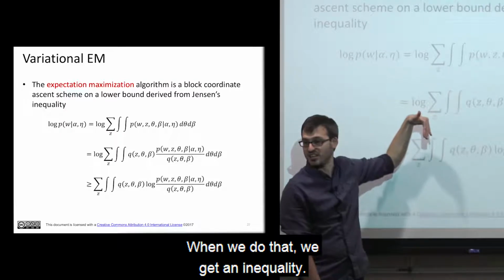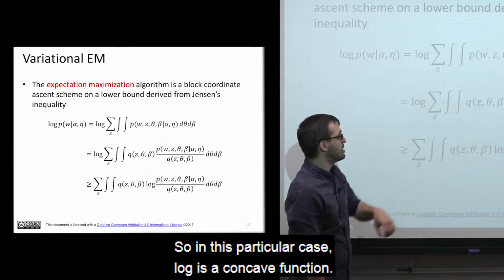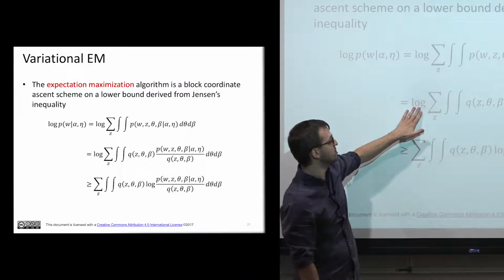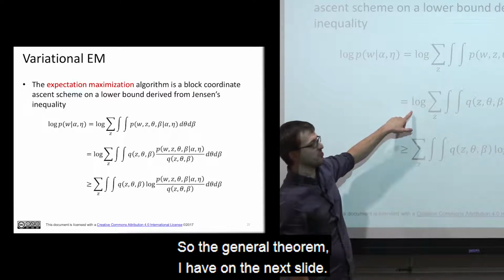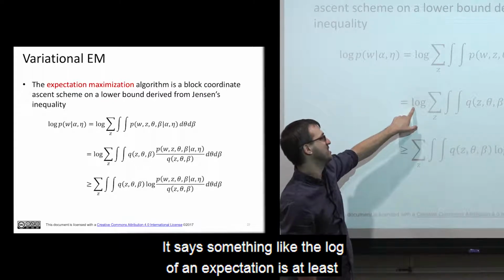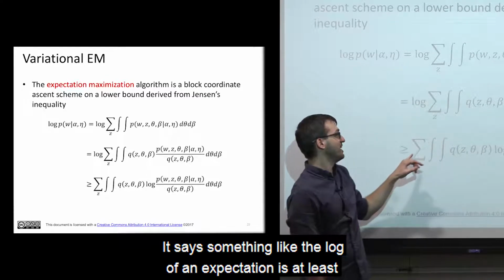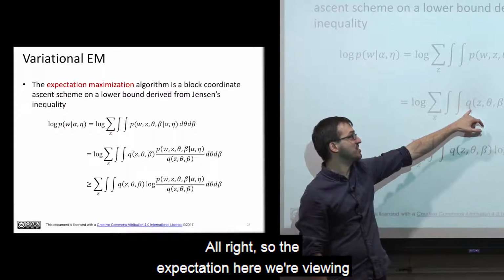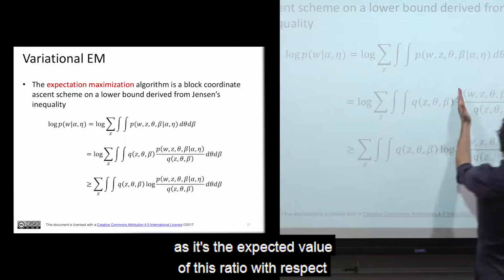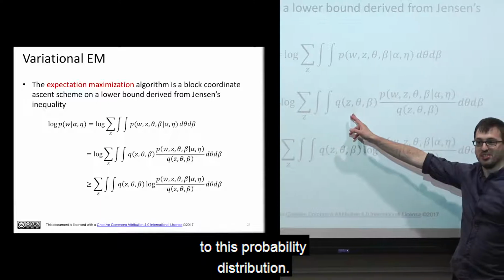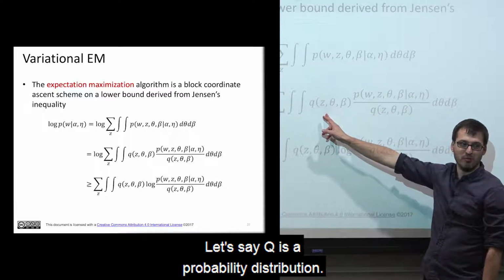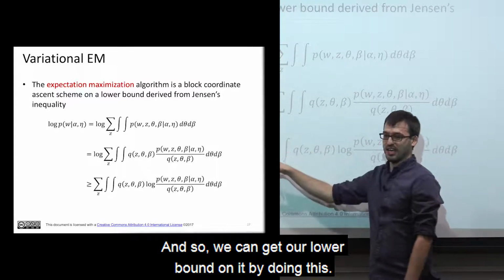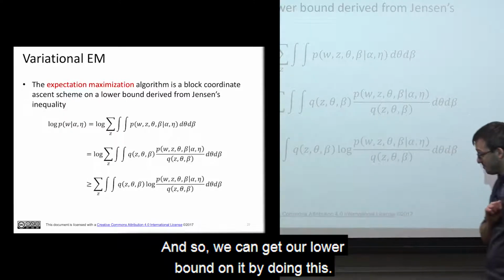And when we do that, we get an inequality. In this particular case, log is a concave function. So the general theorem I have on the next slide says something like the log of an expectation is at least as big as the expected value of the log. The expectation here we're viewing as the expected value of this ratio with respect to this probability distribution. Let's say Q is a probability distribution. And so we can get a lower bound on it by doing this.